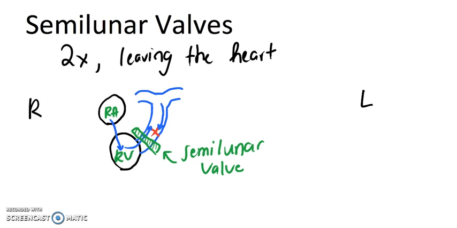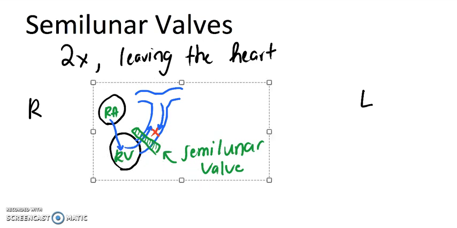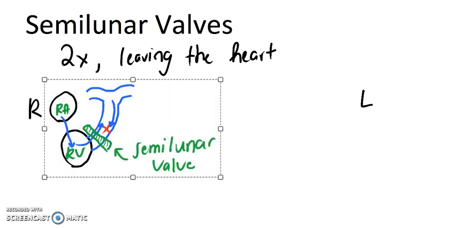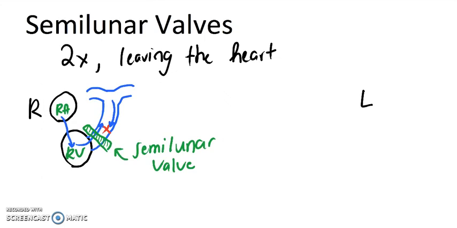The second time we left the heart was on the left side of circulation. The anterior chamber, the one towards the top, is the left atrium.